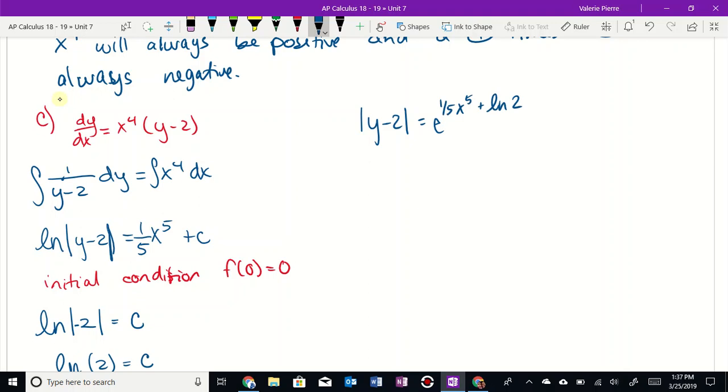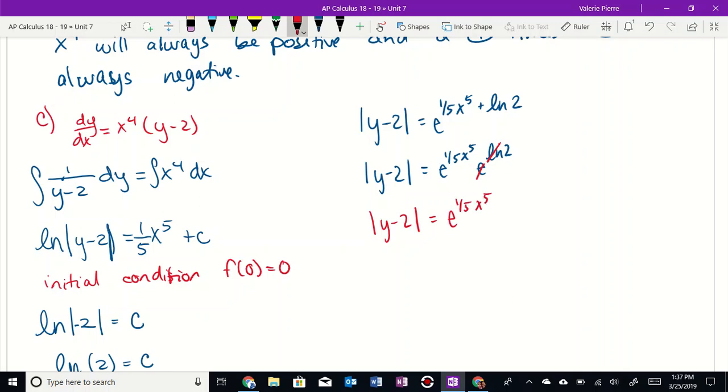Rules of exponents, I can separate the exponent by multiplication. So I have the absolute value of y minus 2 equals e to the 1/5 x to the fifth times e to the ln of 2. E and ln cancel out, so I'm left with the absolute value of y minus 2 equals e to the 1/5 x to the fifth.